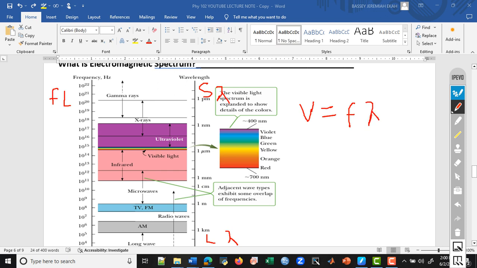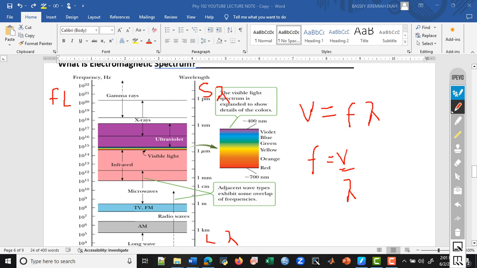Okay, so if we are solving for F, you can see that frequency is inversely proportional to wavelength and vice versa. So when we are talking about a short wavelength, indirectly we are referring to long frequency.